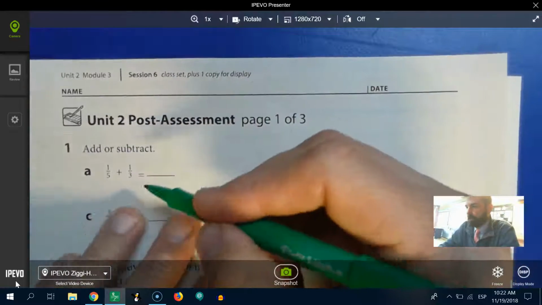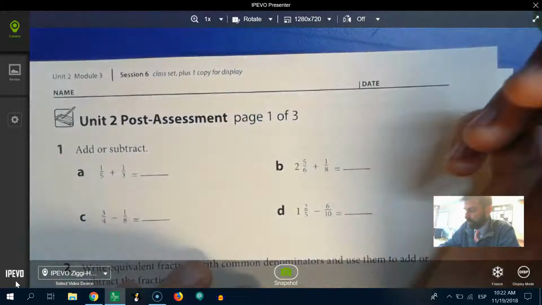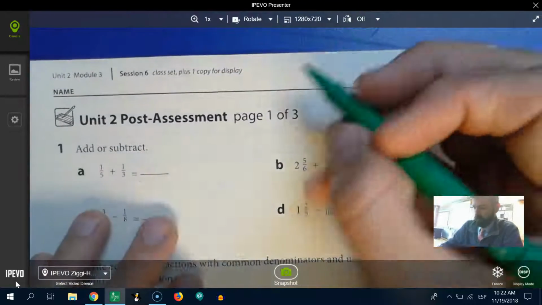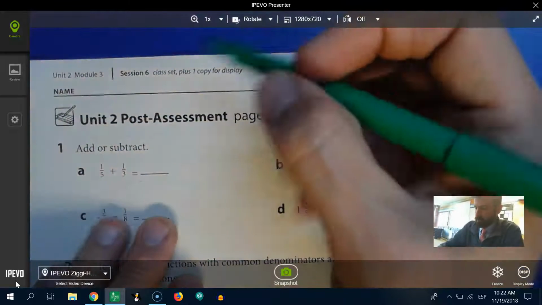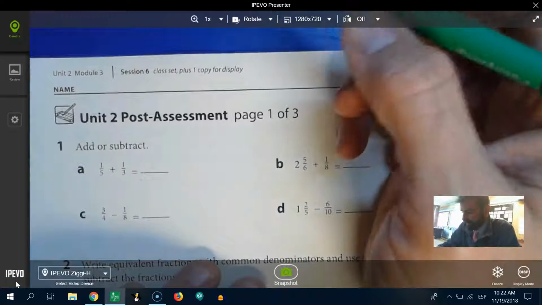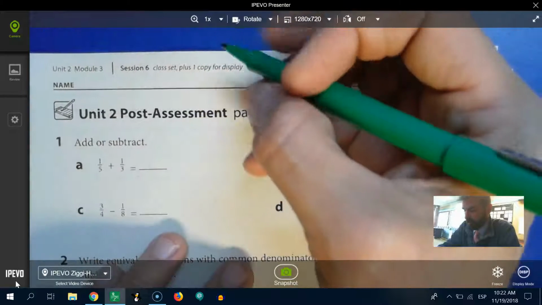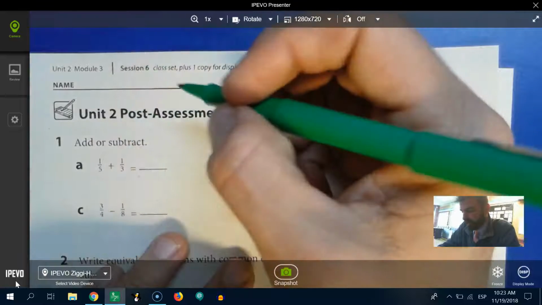Add or subtract 1/5 plus 1/3. I guess I could just turn these into equivalent fractions. I don't see any other kind of thinking about clocks or money or anything like that. No, not really. And these are unit fractions, so I know that that can go pretty good.